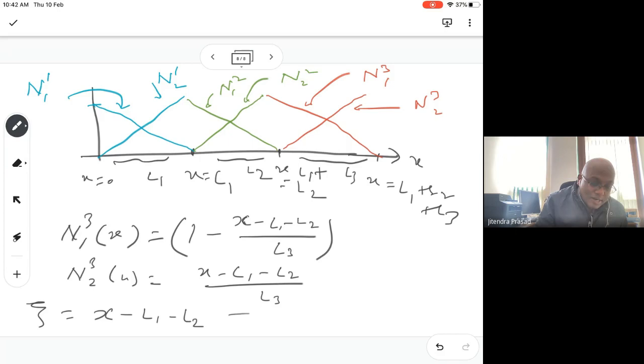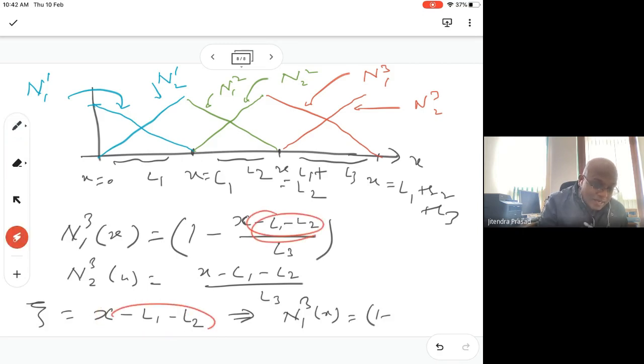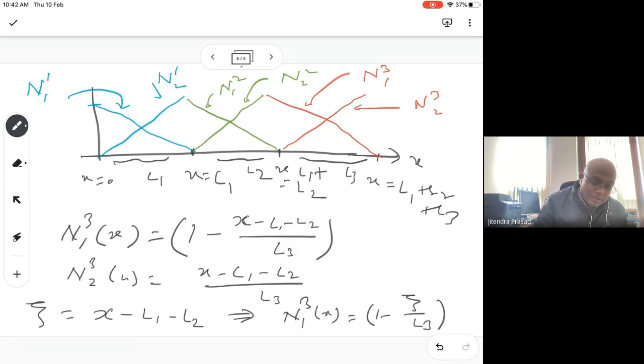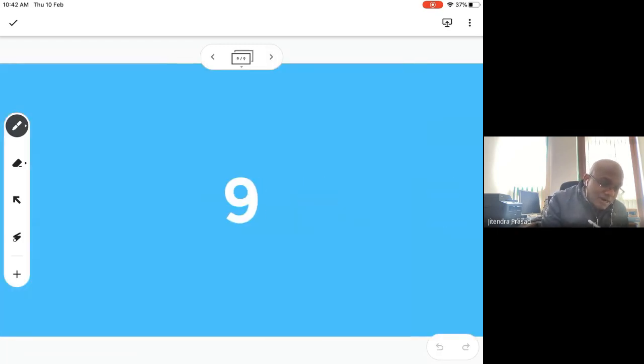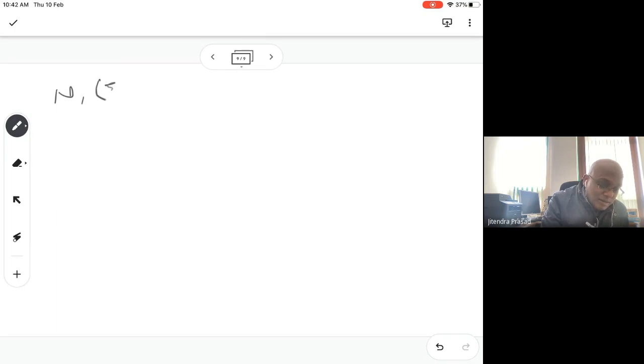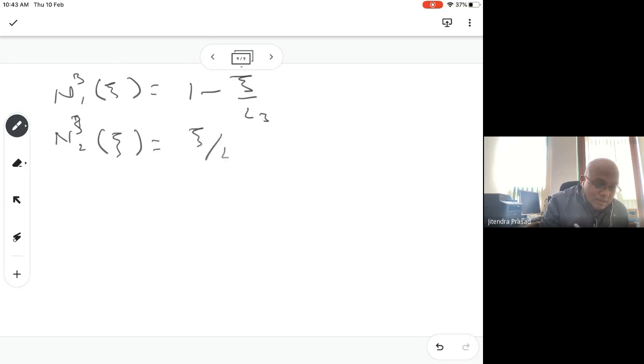If that is the case, N31 becomes 1 minus xi divided by L3, and N32 becomes xi over L3.